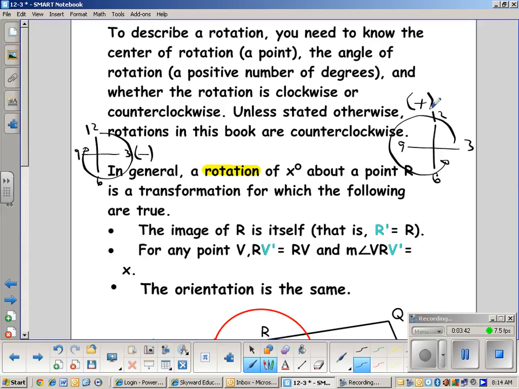If we read on here, it says, and whether rotation is clockwise or counterclockwise. Unless stated otherwise, rotations in this book are counterclockwise. Well, that's the reason they said a positive number of degrees, because they're always going to give you counterclockwise rotations.